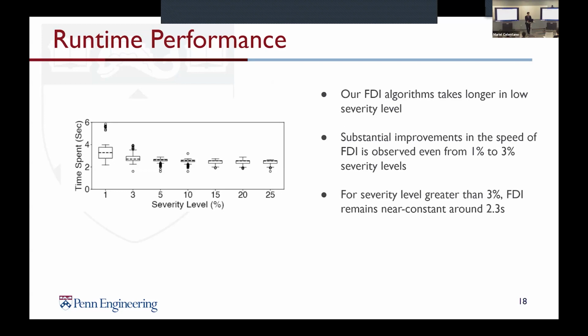Our FDI algorithm takes longer at low severity levels, especially for the 1% severity level, but we see substantial improvements in the speed of FDI, even from 1% to 3% severity levels. And for severity levels greater than 3%, the FDI time remains near constant at around 2.3 seconds.